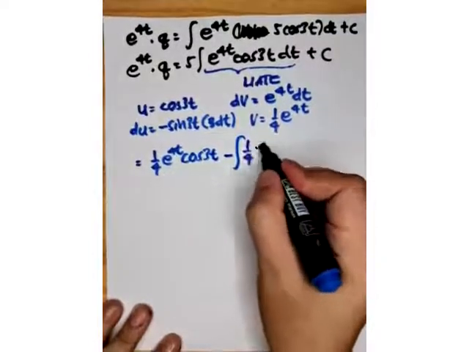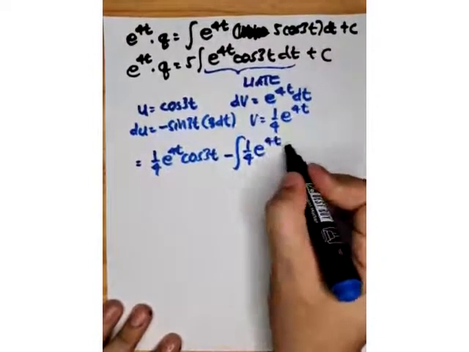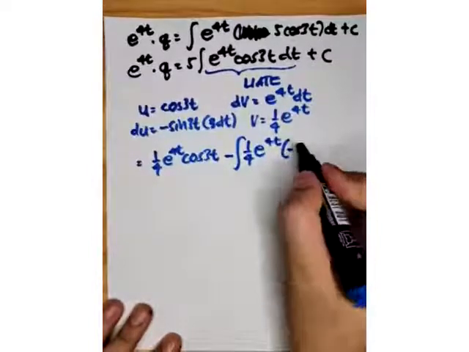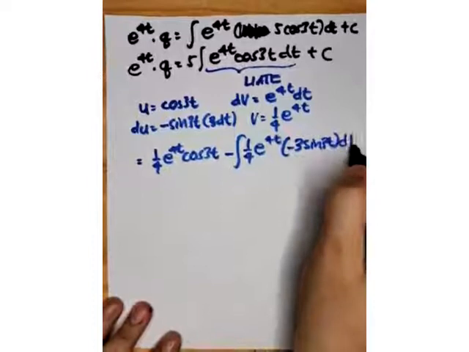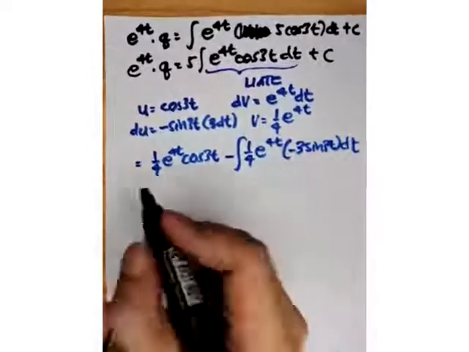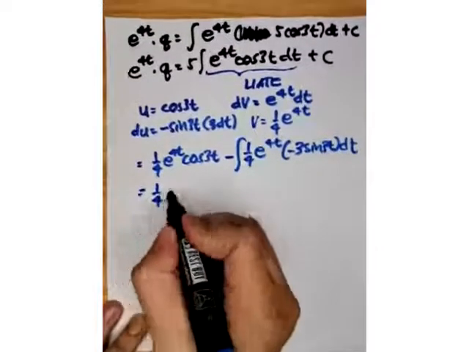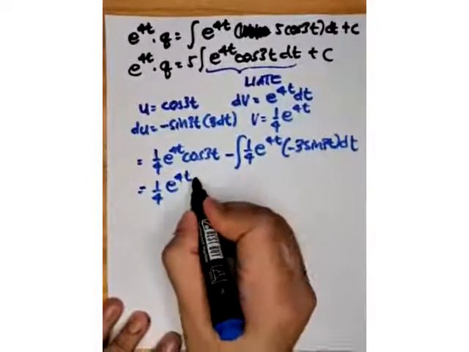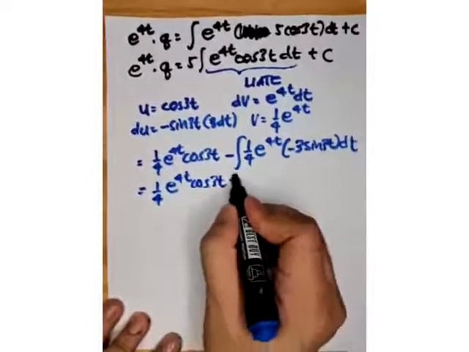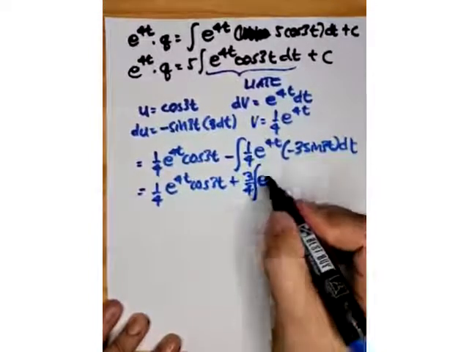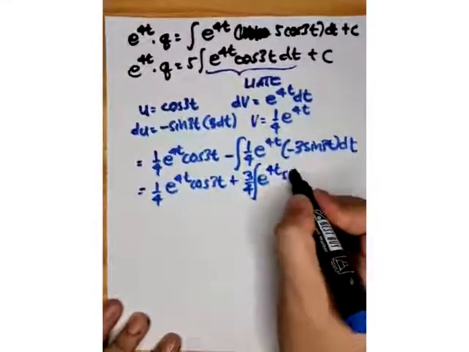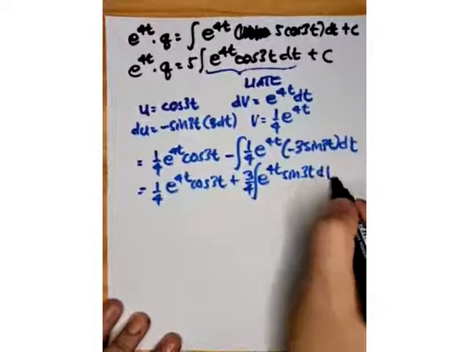So 1/4 e raised to 4t times negative 3 sine 3t dt. Simplify muna natin. So that's 1/4 e raised to 4t cosine 3t plus 3/4 the integral of e raised to 4t sine 3t dt.